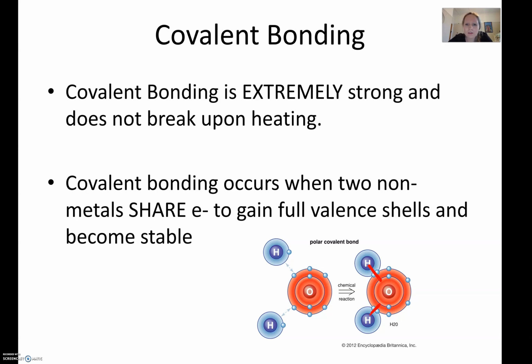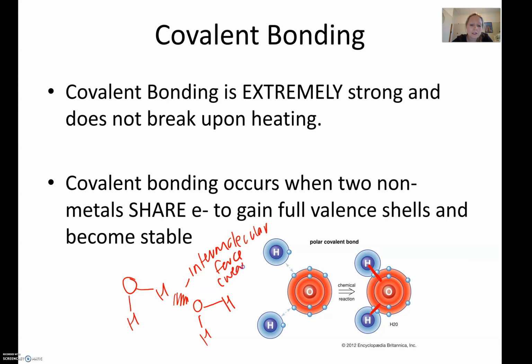In year 11, you actually learnt about this. We learnt that between molecules, so here's water, between the water molecules is a weak type of force called an intermolecular force. These intermolecular forces are weak, and they're what actually breaks when water melts.